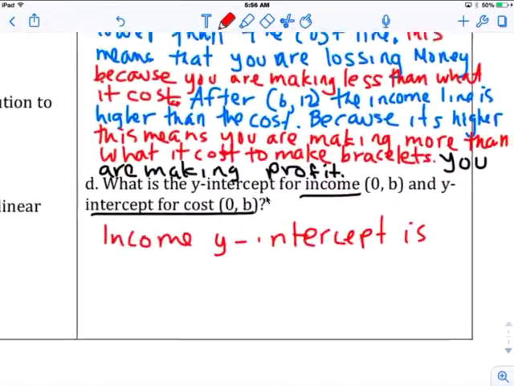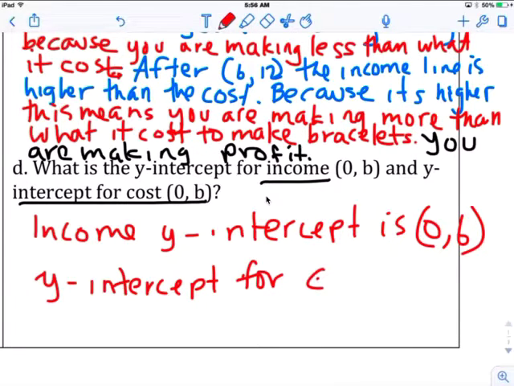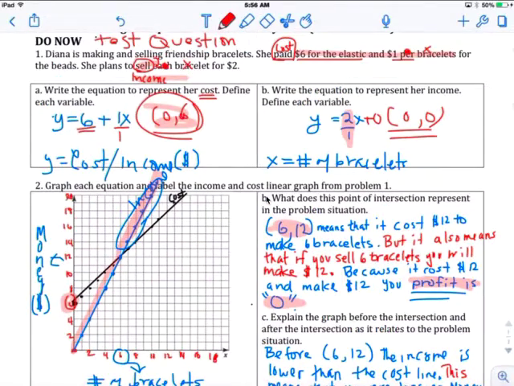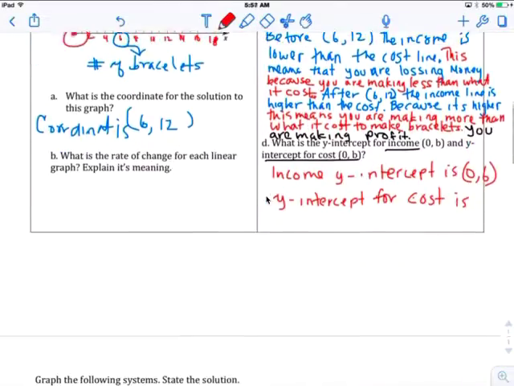They didn't ask what it means, so good. And the y-intercept for cost is 0, 0. Or right here, 0, 0. Right?